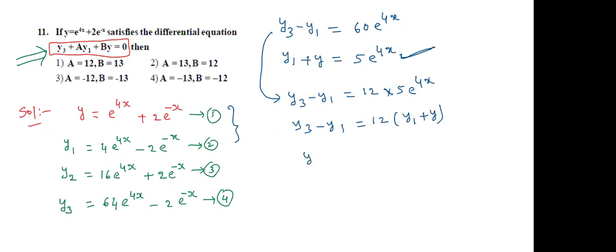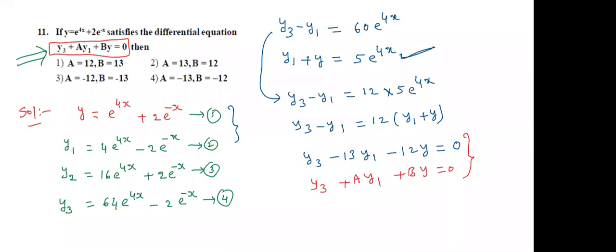Now the right hand side value we send to the left hand side, we get y3 minus 13y1 minus 12y equals 0. See the question, what they have given: y3 plus ay1 plus by equals 0.